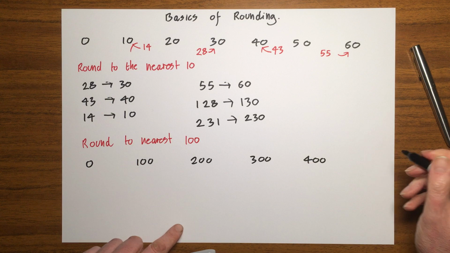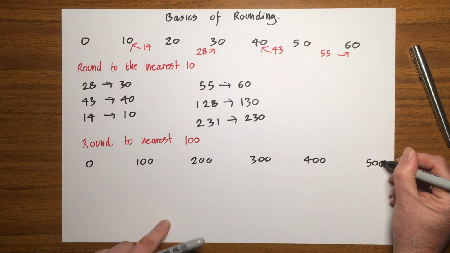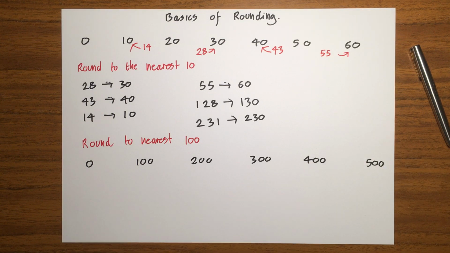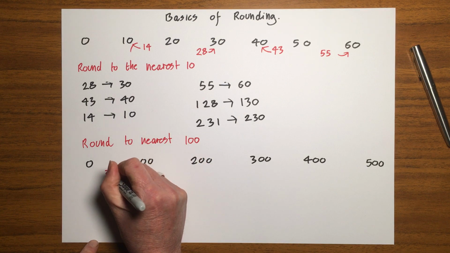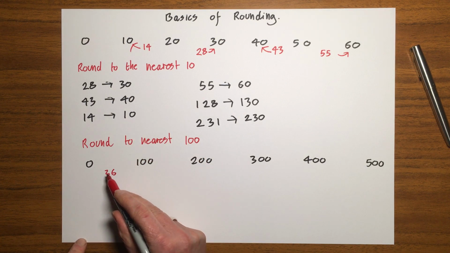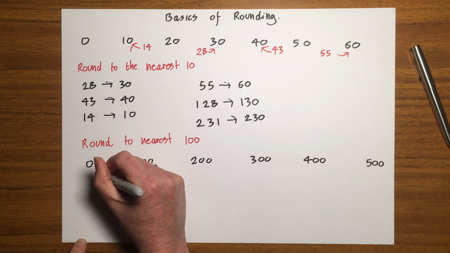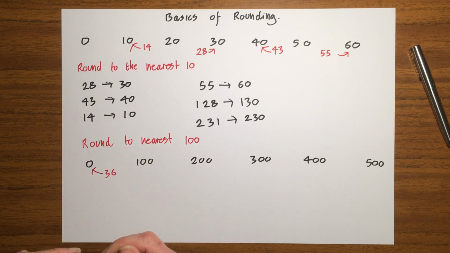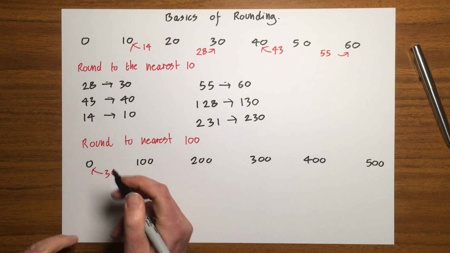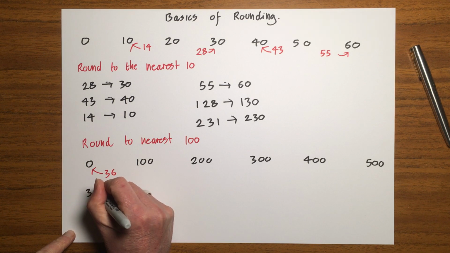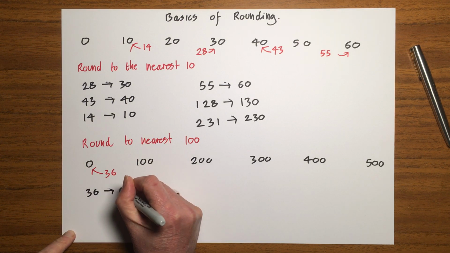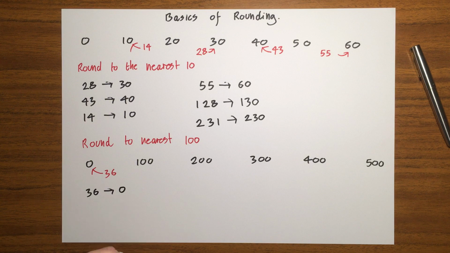Well, let's go up to 500. There we go. We'll choose a few numbers. So here I go, I'll put 36 in. Well, 36 is closer to 0 than it is 100, so I will round to 0. So 36 rounded to the nearest 100 in fact goes all the way down to 0.